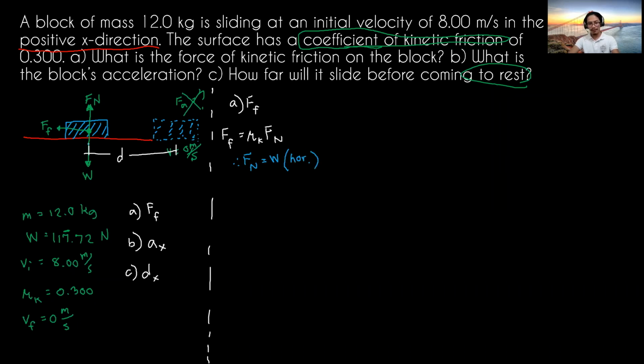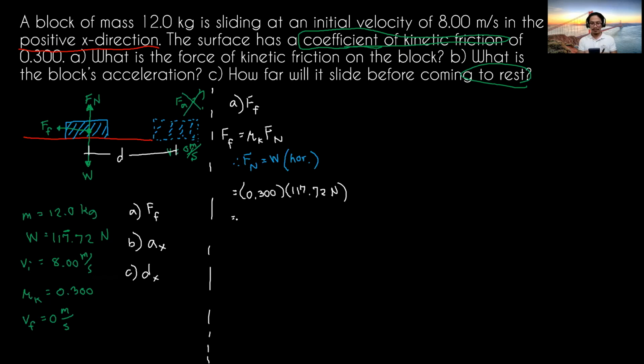Again, take note, horizontal. So we can substitute all the given variables. Our mu k is 0.300, and our Fn, which is equal to the weight, is 117.72 Newtons.